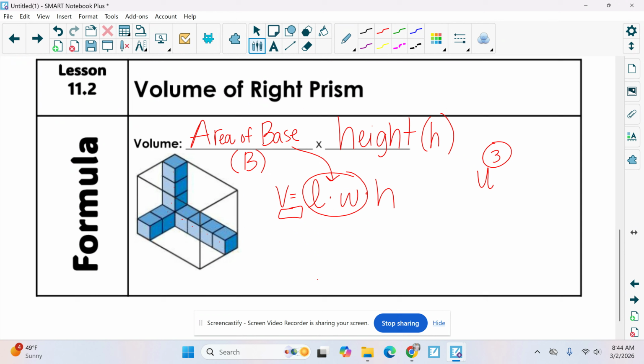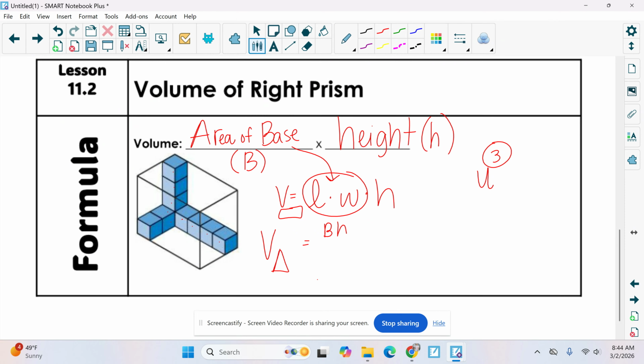So we talked about, this is the volume formula for a parallelogram or rectangle. What if I'm finding the volume that has a triangle? Well, instead of base times height, the area of my base, what's the formula for a triangle? The area of a triangle.